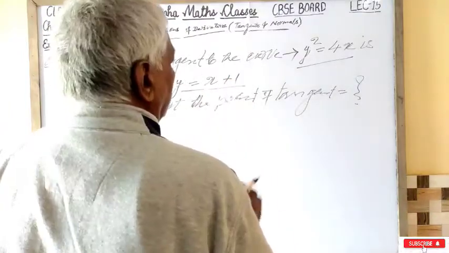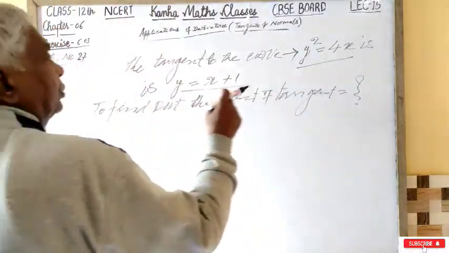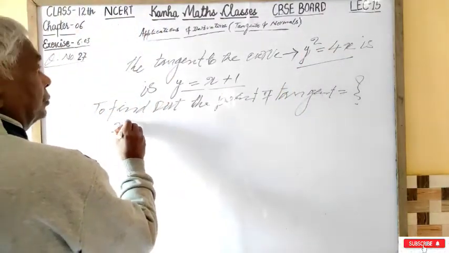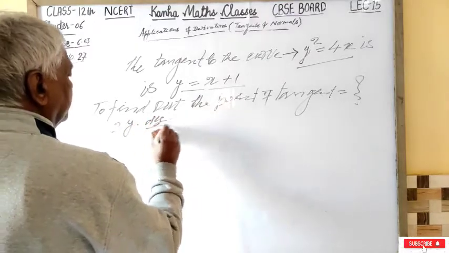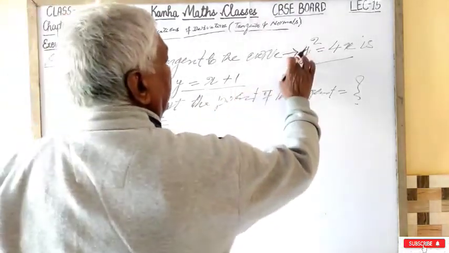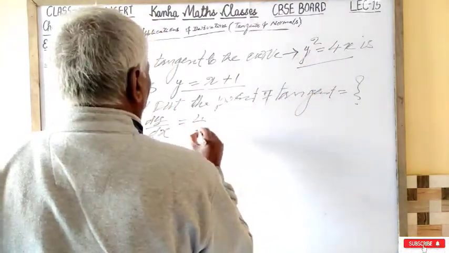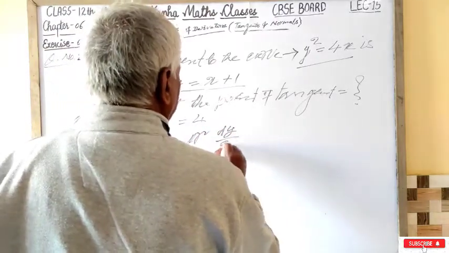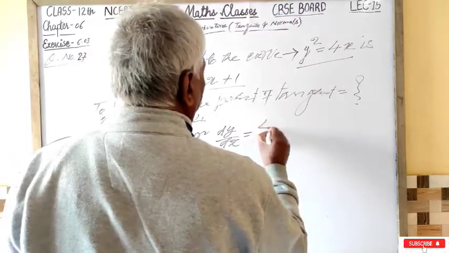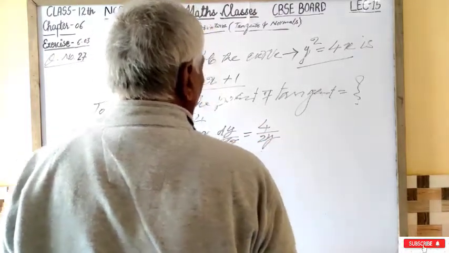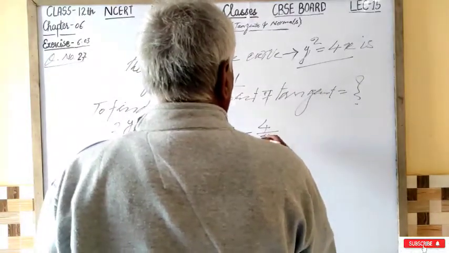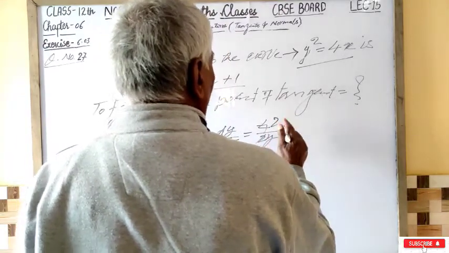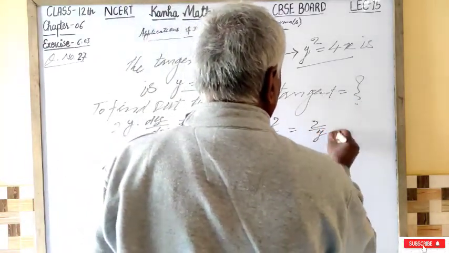In order to do this, we have to differentiate the equation of the curve. So 2y dy by dx is equal to 4, or dy by dx is equal to 4 upon 2y, that is 2 by y.